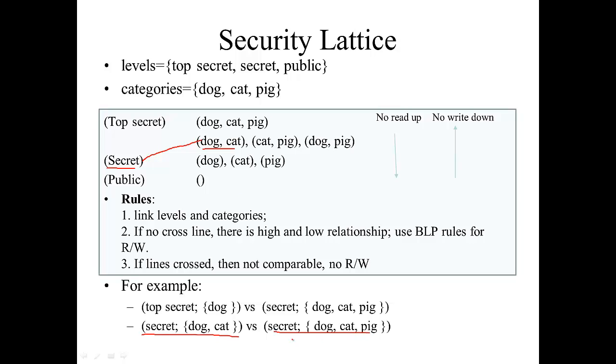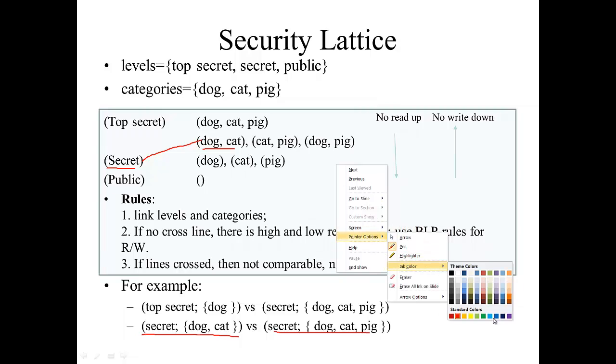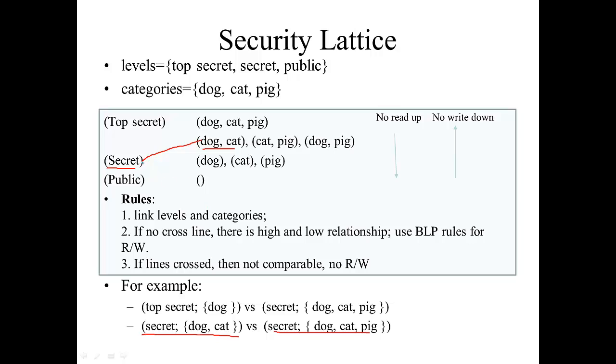For the object, it's security, dog, cat, and pig. We use a different pen. Okay, security, dog, cat, and pig. See here, there is no cross line. That means there is a high and low relationship between this subject and this object. So we can use BLP rules for read and write.